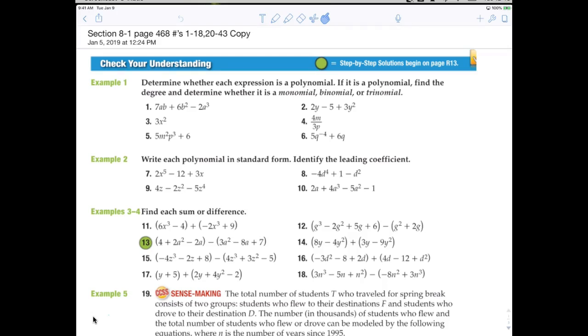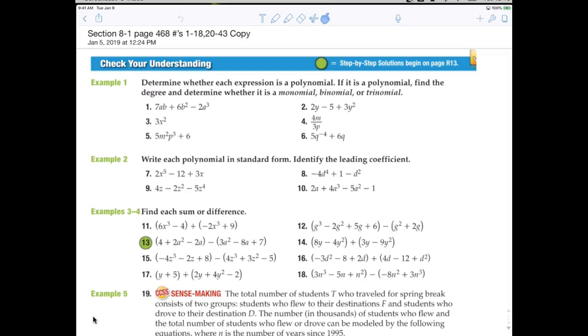We say 7ab is one term, 6b squared is a term, and 2a cubed is a term. Terms are separated by addition and subtraction, so we call that a trinomial.